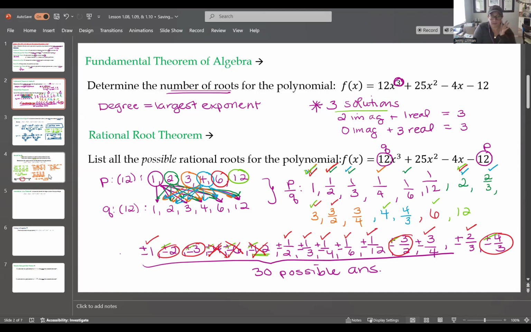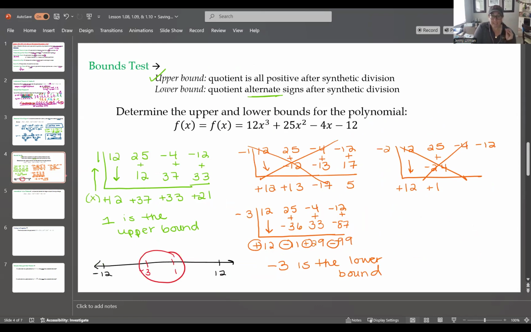Now, if you're thinking, we could actually eliminate -1, 1, and -2 as answer choices. Because in order for something to be a zero, remember the remainder, well, I guess we could eliminate all of these, and I know I didn't do -2. The remainder must be 0. None of these numbers gave me a remainder of 0.